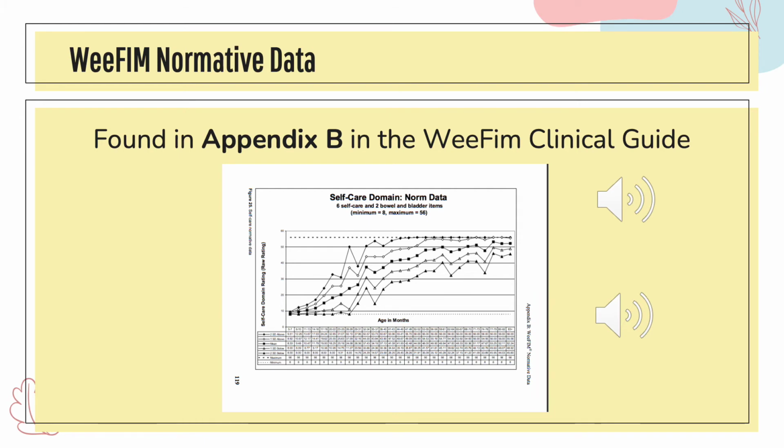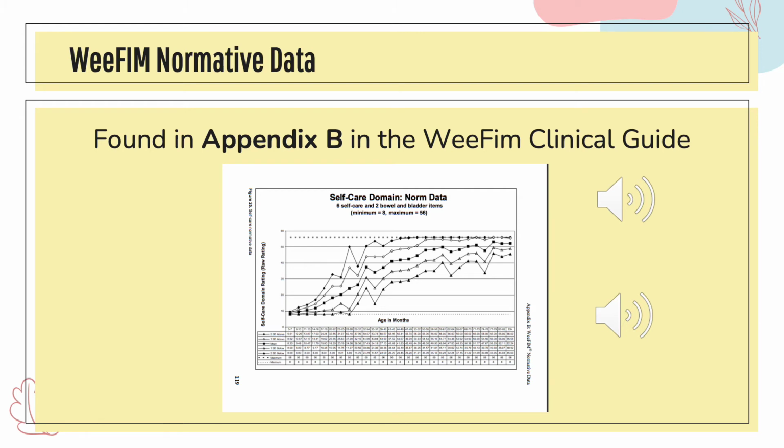To further discuss the interpretation of results, the WeeFIM Clinical Guide Online actually has normative data that you can compare your child that you just observed scores to a group of children within the same age range in the normative sample. This is really great to see what your child's scores are in comparison to typically developing children, that you can kind of see big picture.